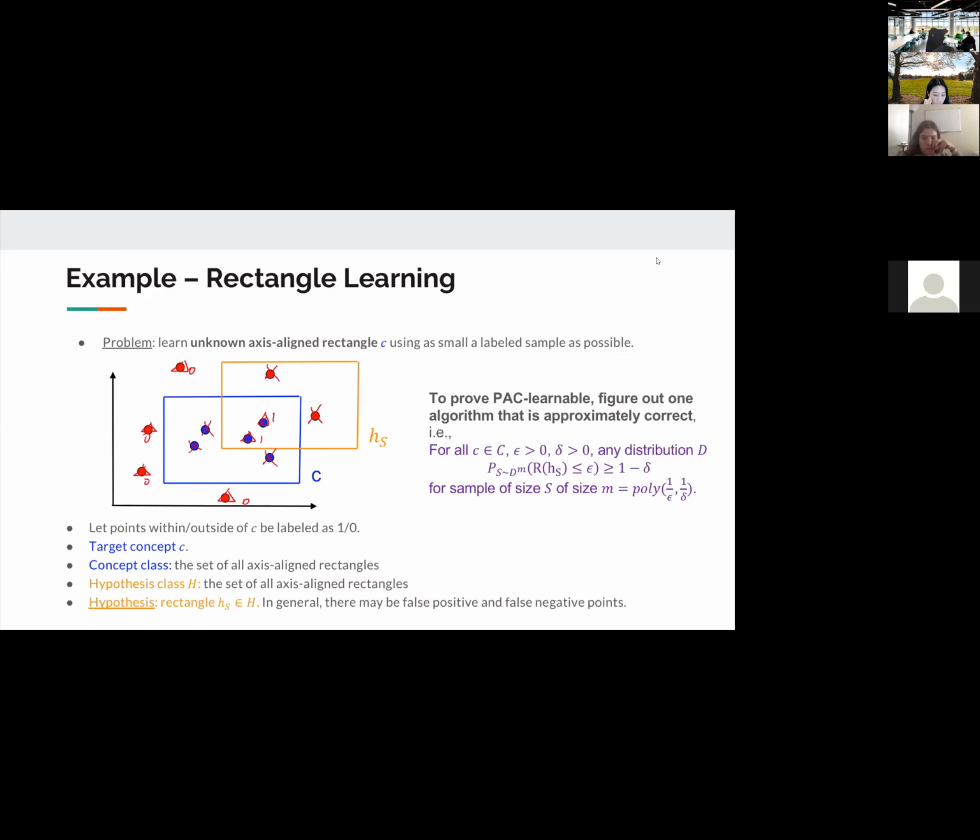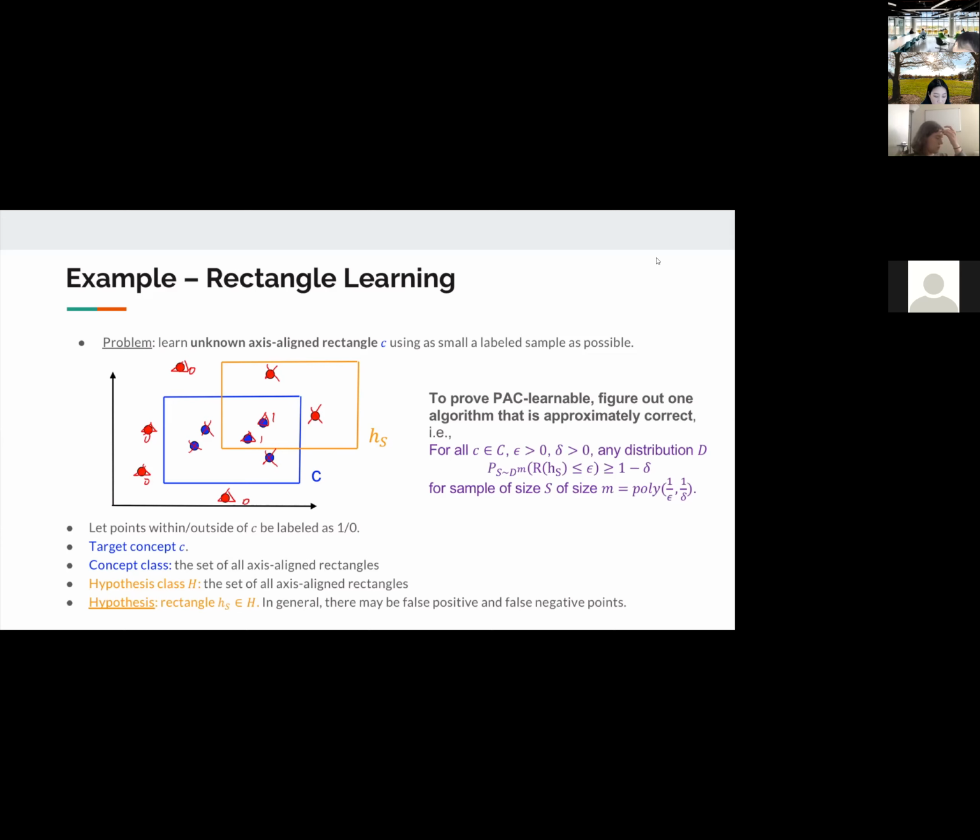Now, how do you prove PAC learnable? To prove PAC learnable, you basically want to figure out one algorithm that is approximately correct. So we were talking about existence of such an algorithm. Can you come up with such an algorithm?